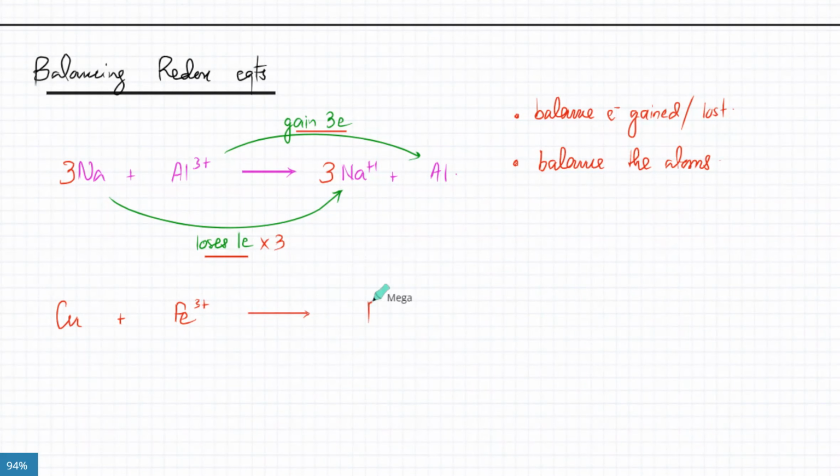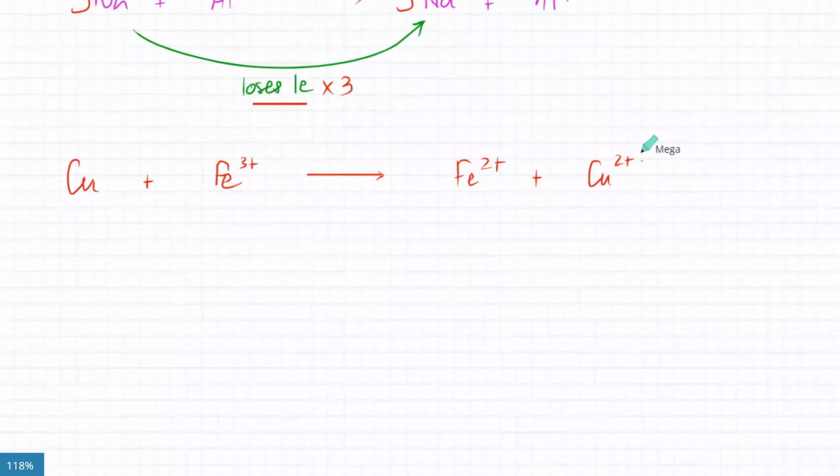Fe changes to 2+ and copper changes to 2+ as well. So I have this reaction, and I need to balance it. I need to balance the atoms as well as make the number of electrons gained and lost equal. Just a second.